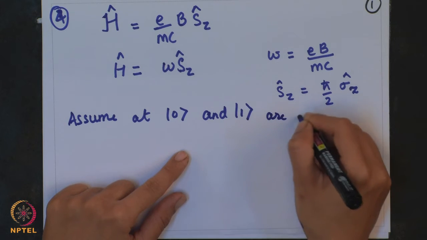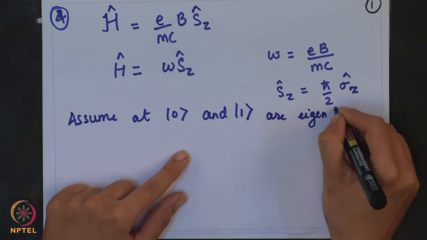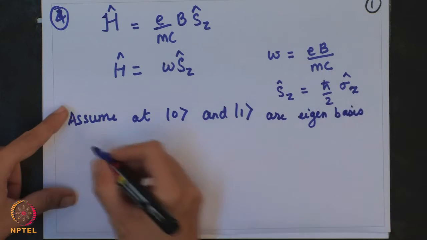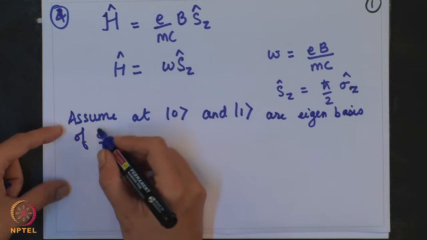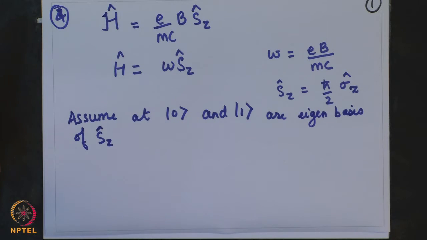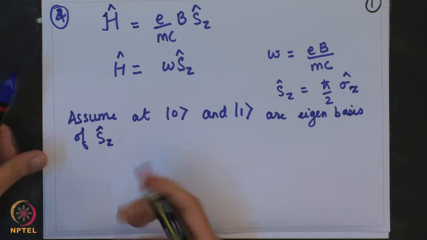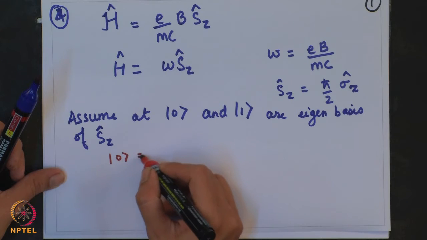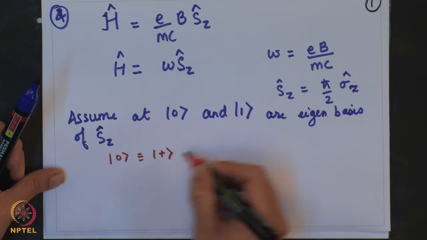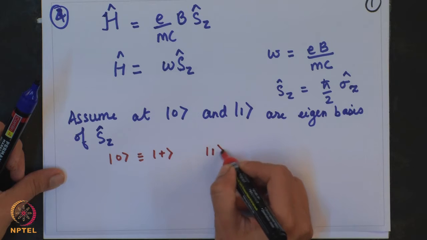Recollect that in the lecture 0 was denoted as plus and 1 was denoted as minus.